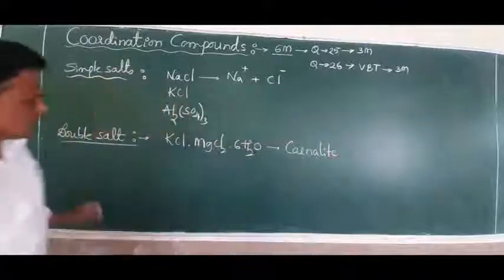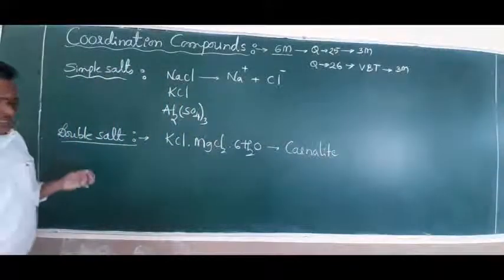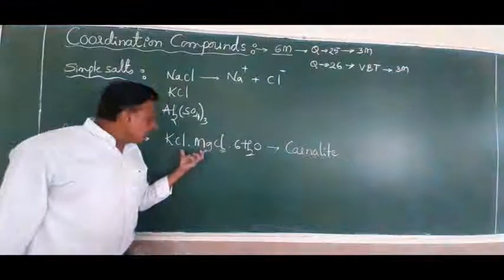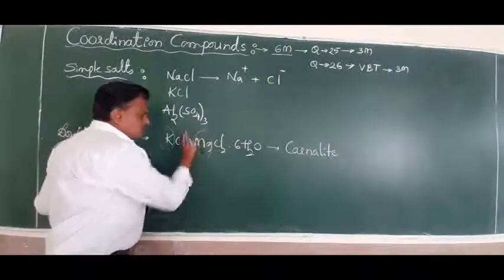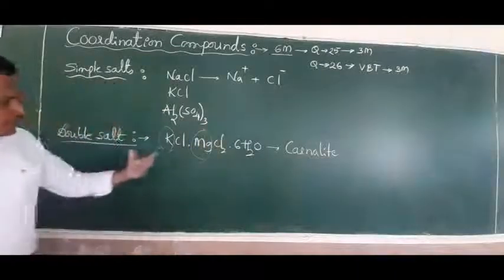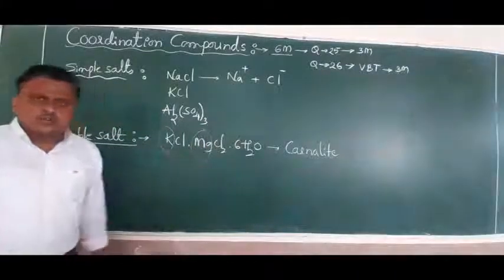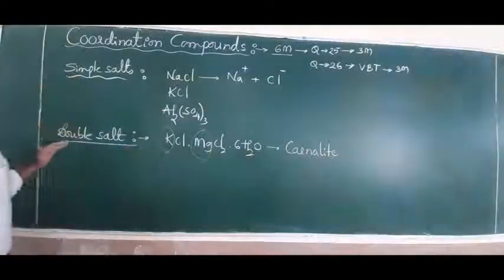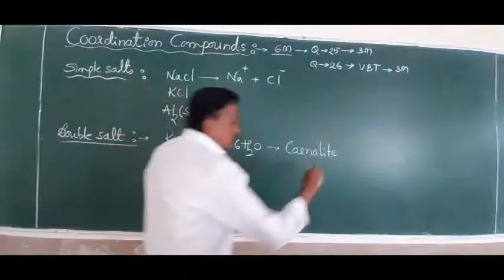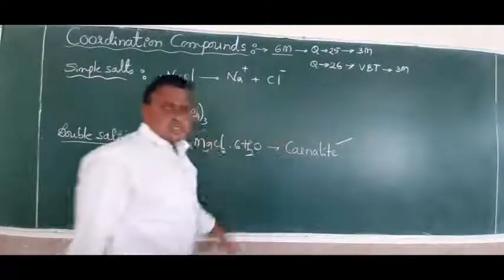This is your example of a double salt. How can you define a double salt? A double salt is a combination of 2 simple salts, or 2 cations and 2 anions. This example, according to our syllabus, is carnallite.